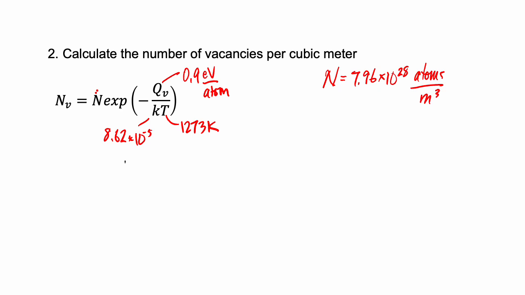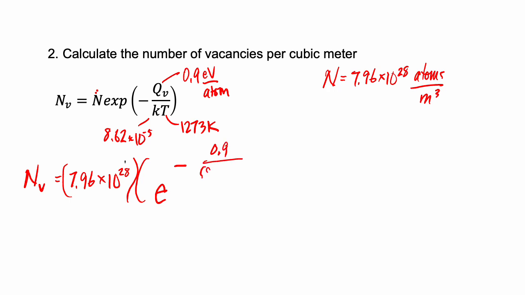So N sub V, the number of vacancies per cubic meter, is equal to 7.96 times 10 to the 28, all of that times e to the negative 0.9 divided by 8.62 times 10 to the negative 5 times 1273.